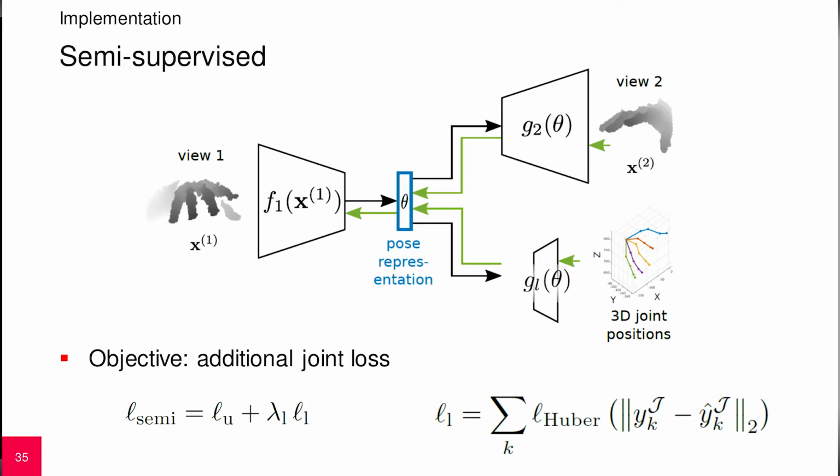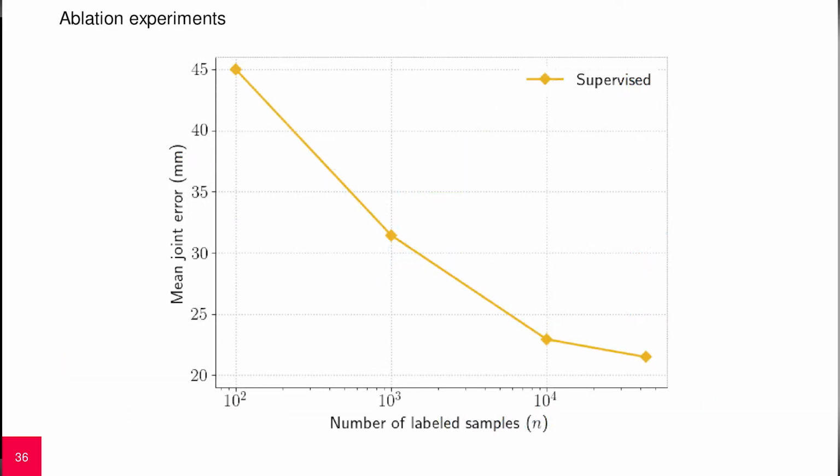And then, of course, we can train this all together in a semi-supervised fashion by just combining these two losses. What we find using this semi-supervised model is, maybe first, for the supervised case, this plot shows that for a low number of samples you get a quite high error, and it steeply goes down towards a lower error when adding more and more samples.